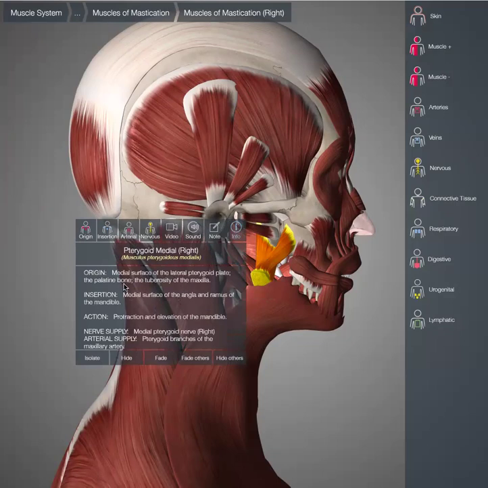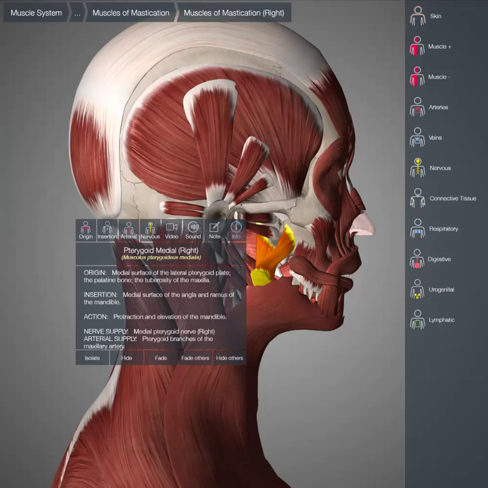It originates from the medial surface of the lateral pterygoid plate, and the palatine bone as well. It inserts on the medial surface of the angle of mandible.